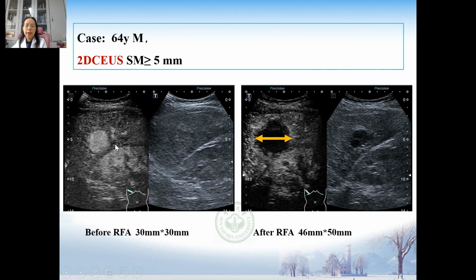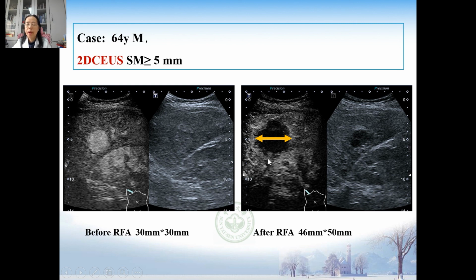By case, we can see this case in 2D CEUS, the safety margin is 9.5 cm. By contrast ultrasound, here the tumor is 6 cm. The ablation zone is 6.6.